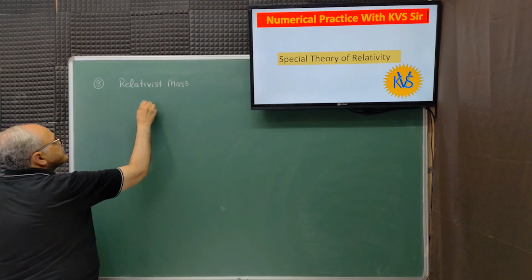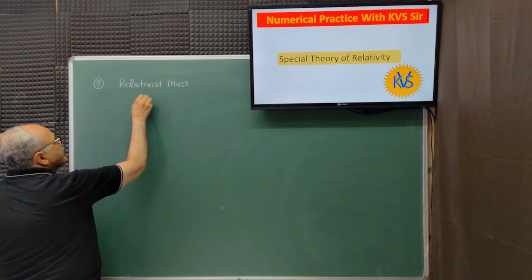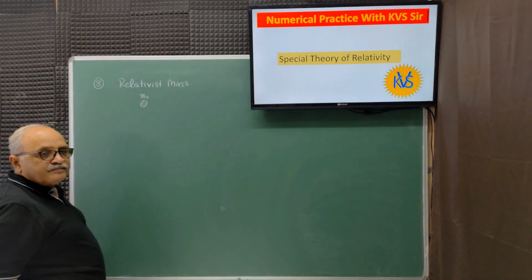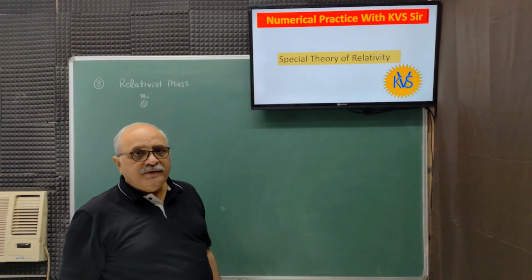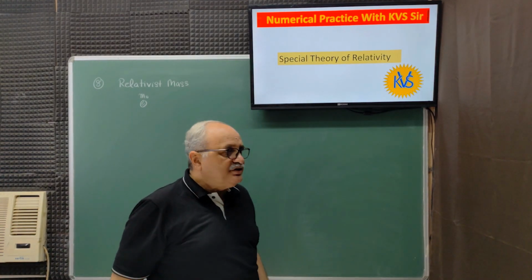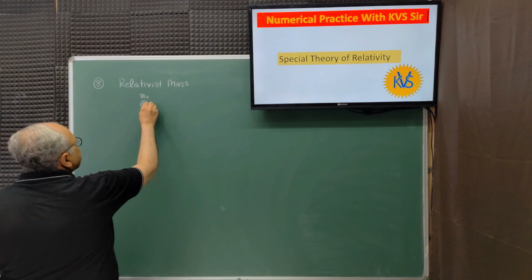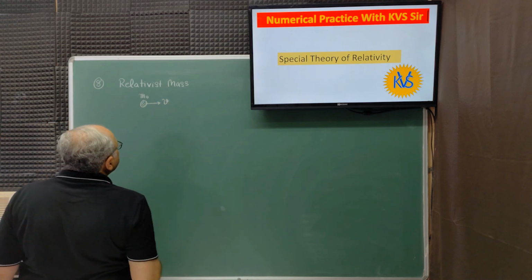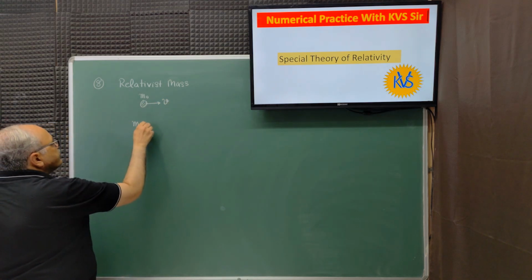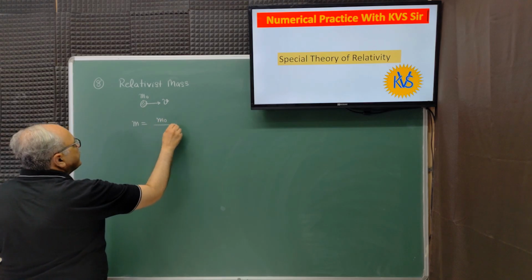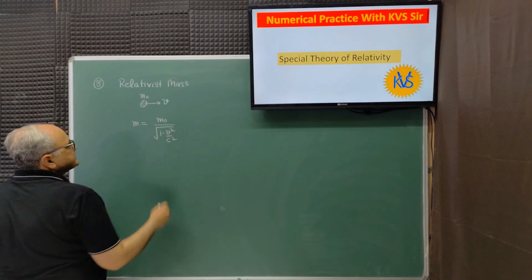A particle in rest position has, say, the mass m0, but when it is observed while moving with the velocity v, its mass appears to be m equals m0 divided by under root of 1 minus v square by c square.